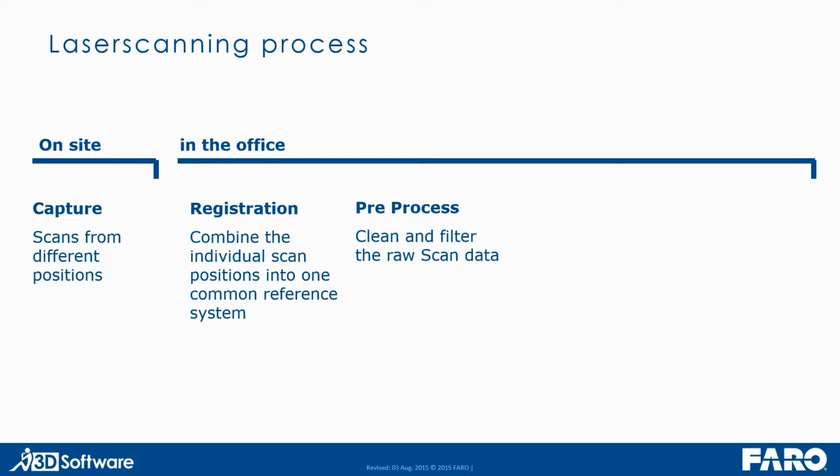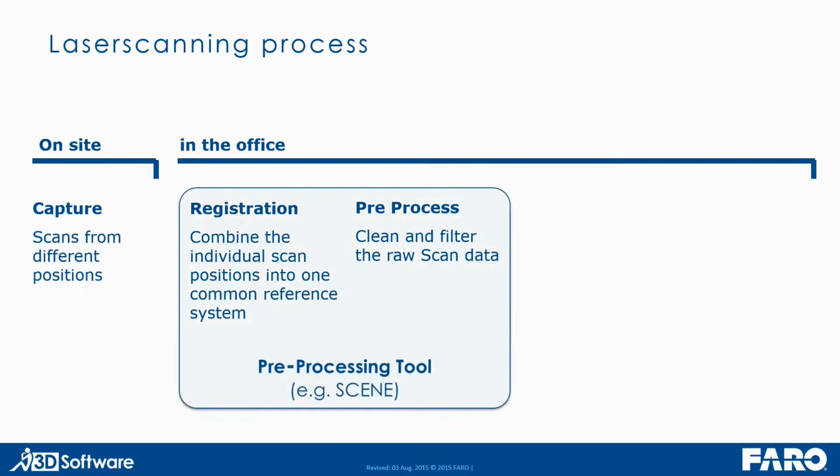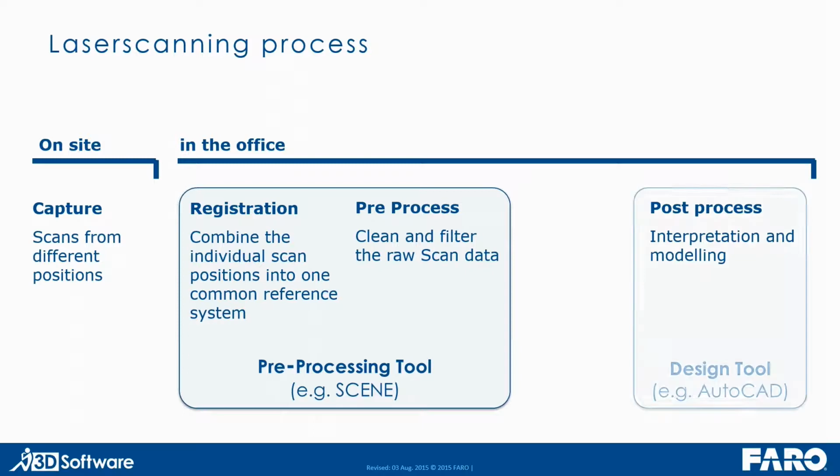And you will also pre-process your scan data by cleaning and filtering it. And all this is done in some pre-processing tool like Scene or CloudWorks or Trimble RealWorks, etc. And then later on you will post-process the scan data, and you start interpreting and modeling the scans in your design tool.